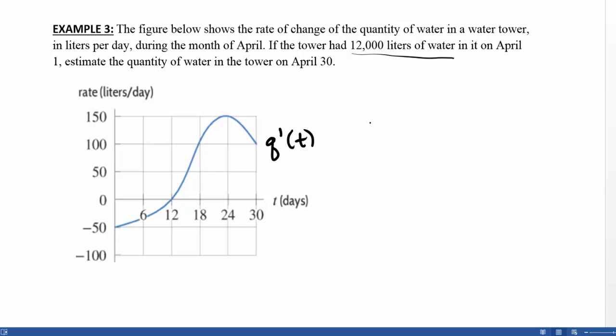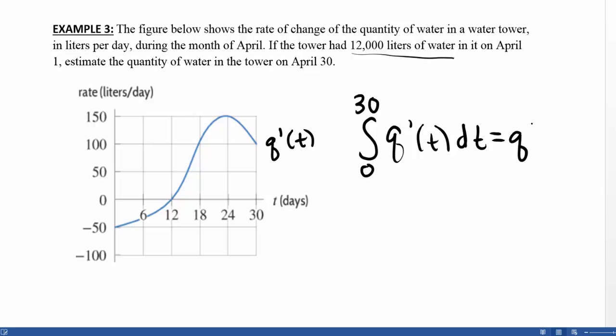We're interested in what's happening from April 1st to April 30th, so from time equals 0 to time equals 30, where that represents the days in April. We want to find the area under the curve, so we're going to find the definite integral for how much the water has changed. And from the fundamental theorem, that's going to be the quantity of the water on day 30 minus the quantity of the water on day 0.